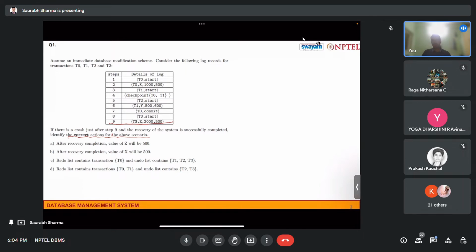So whenever recovery happens, the operation performed on some transaction gets reverted. If any operation or any change is performed on this x variable or x data, then it gets reverted.